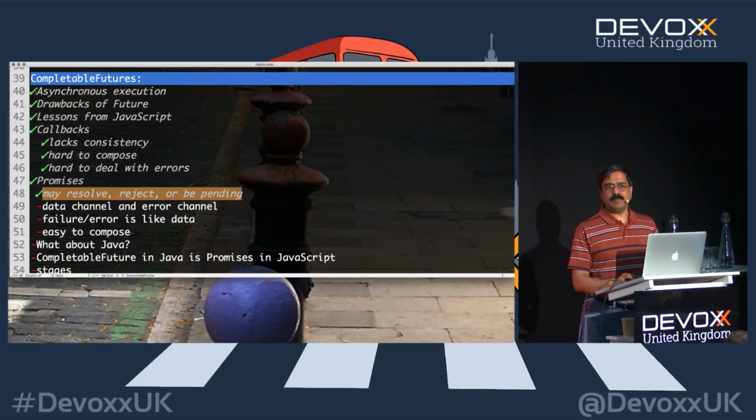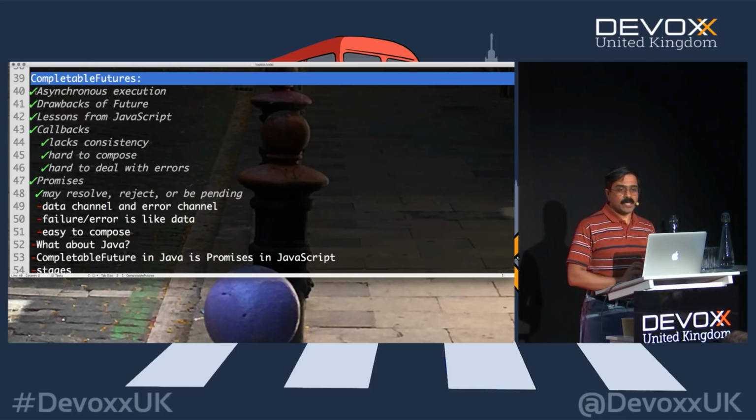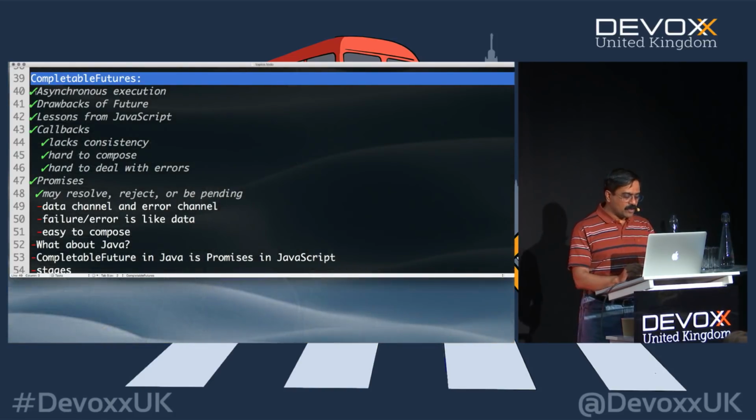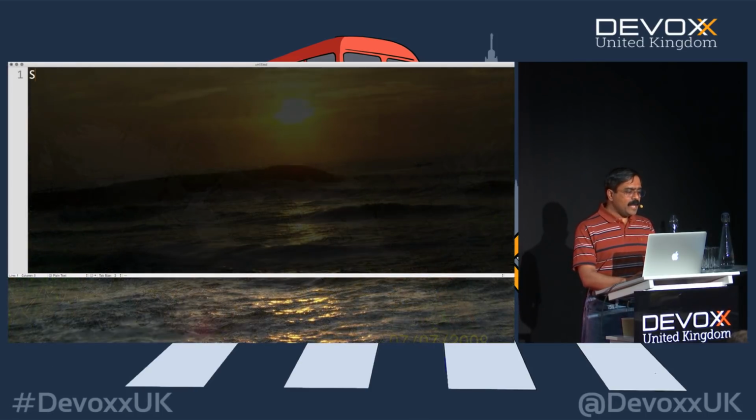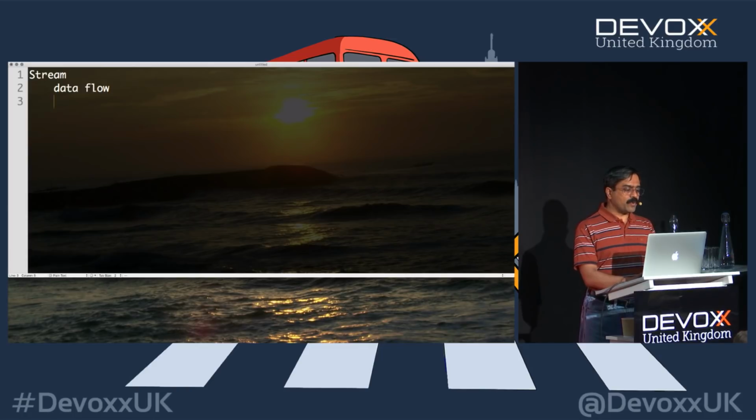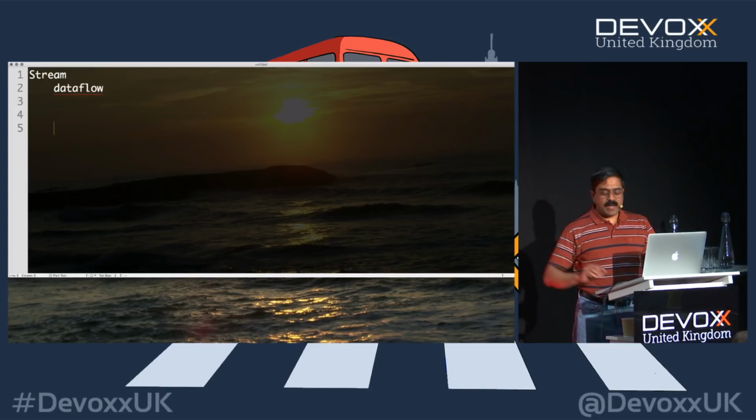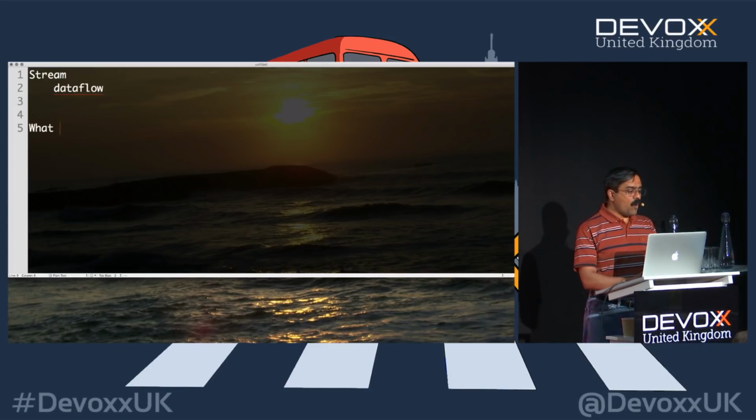Well, what is really beautiful about this is a departure from what we have seen in the Streams API, something I didn't quite talk about earlier. And that is, when you deal with a stream, you have data flowing through the stream, which is really nice, isn't it? So you have this flow of data, and as you are processing the stream, everything is going well. But what if something goes wrong?